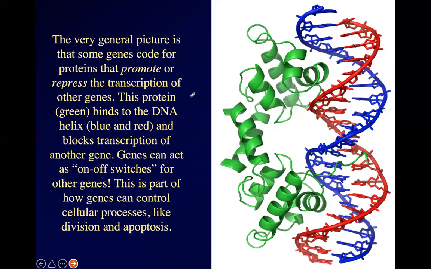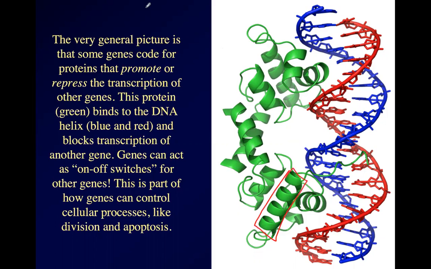And again, I am skimming over a huge amount of detail, but what you're looking at in this picture is on the right, that's a DNA molecule. Shown here is a computer graphic in blue and red. Binding to it is a green model. That's a computer model of a protein, and you might notice that it's got a lot of alpha helices in its makeup.